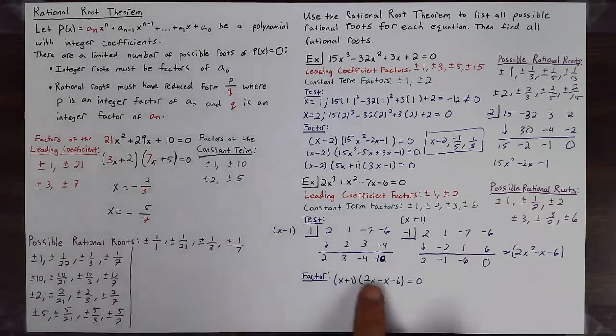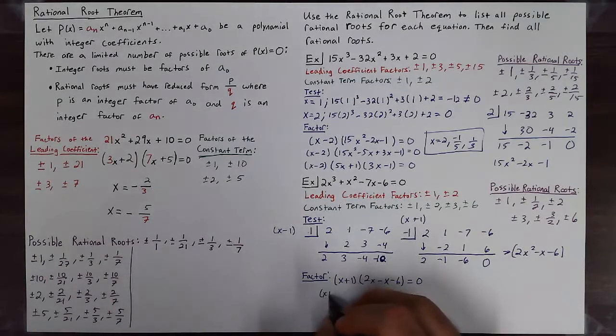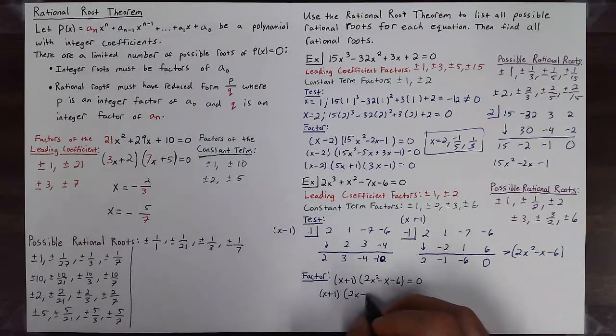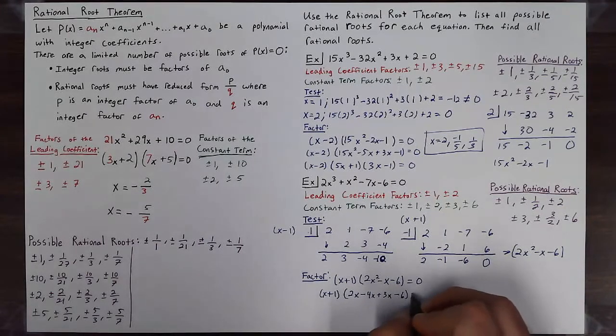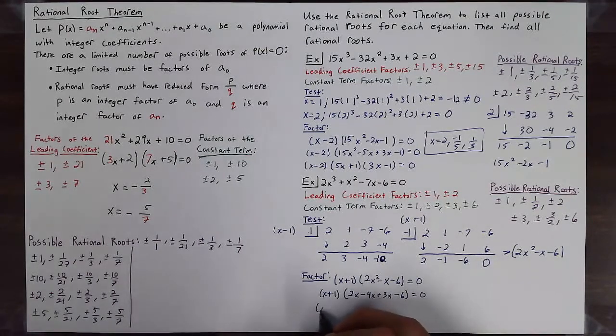And again, I'm looking for two numbers that would multiply to -12 but add to -1 to help me factor further, giving me 2x squared minus 4x plus 3x, which multiply to -12 and add to -1. And then I can factor out the common factor.